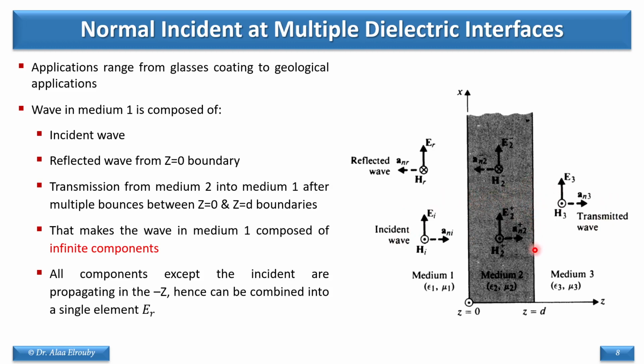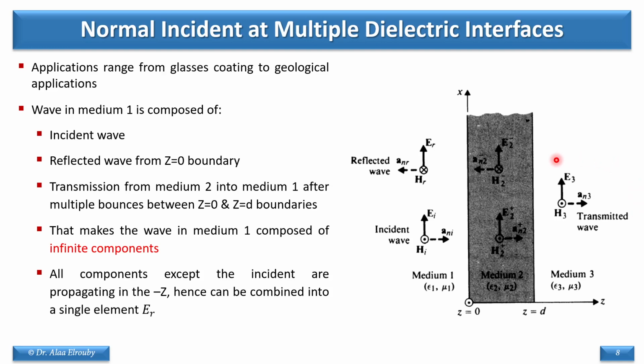At each reflection, part of the wave will be reflected and part of the wave will be transmitted. So we have an infinite series of components. But anyway, because all the components that are transmitted from here to here are propagating in the same media, in the same direction as the reflected, we can collect them all into the reflected wave.